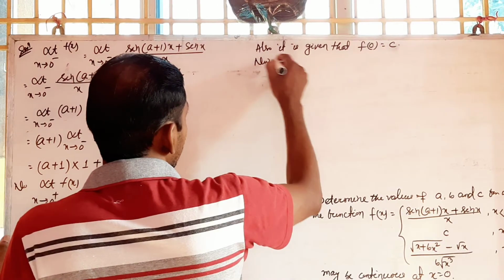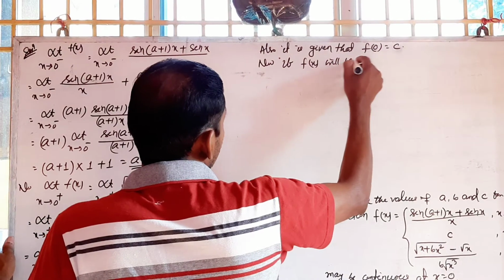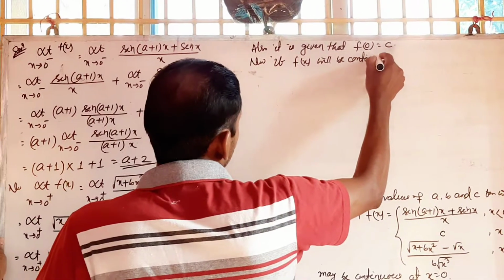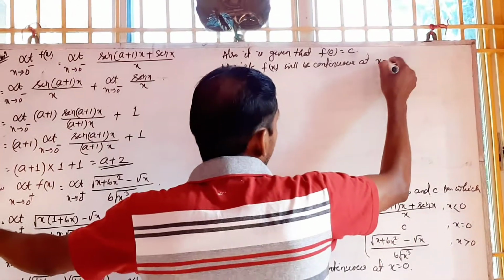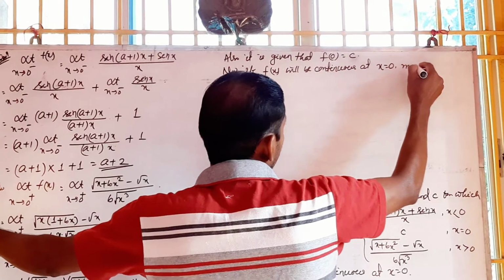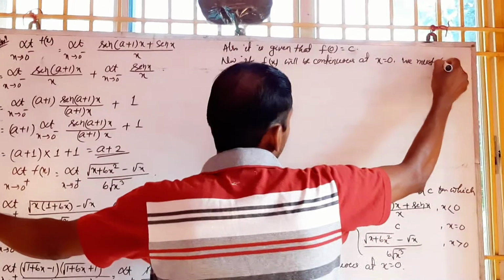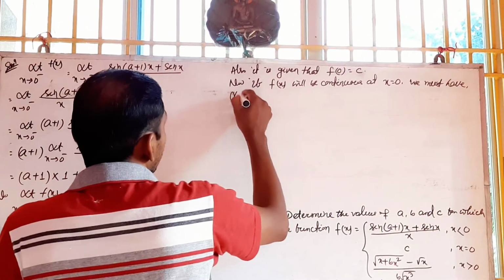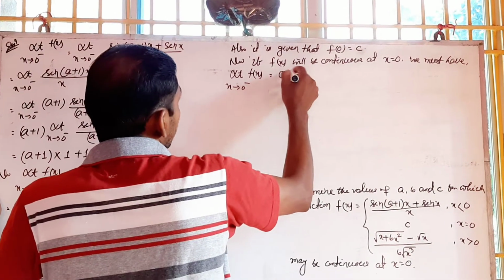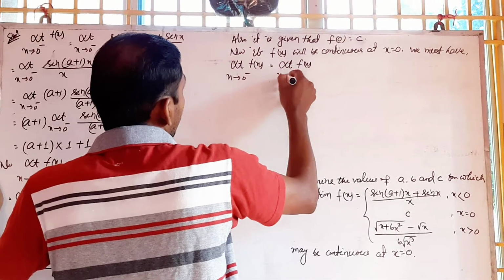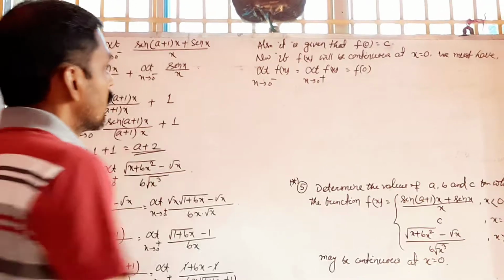Now if f of x is continuous at x equal to 0, we must have limit of f of x as x tends to 0 minus equal to limit of f of x as x tends to 0 plus, must be equal to f of 0.